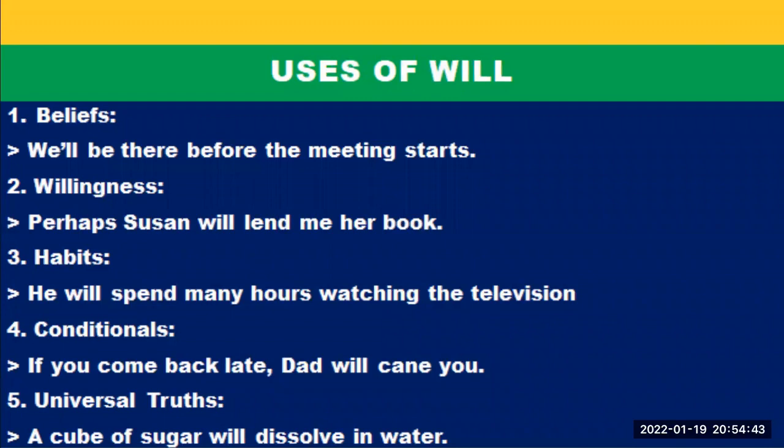Some of the English users are not quite familiar with them, even though they might be using them from time to time. Now, one of these communicative functions of will is to express your belief. All right? We will be there before the meeting starts. All right? We will be there. All right?